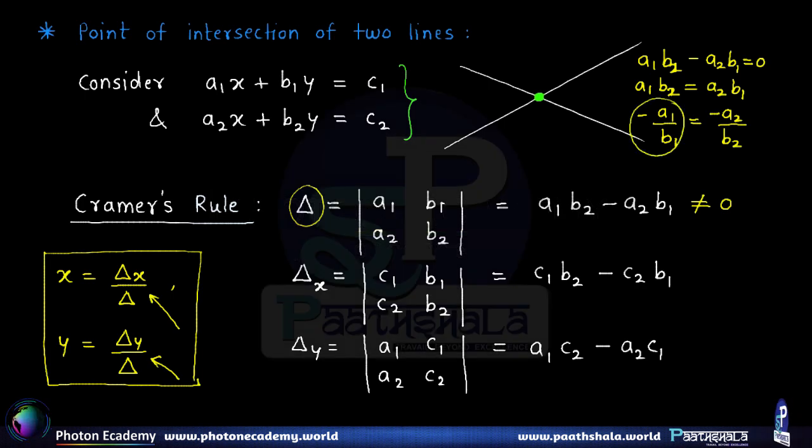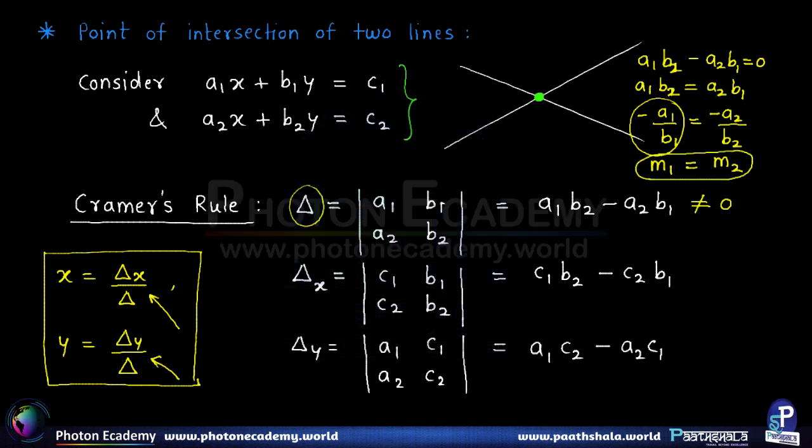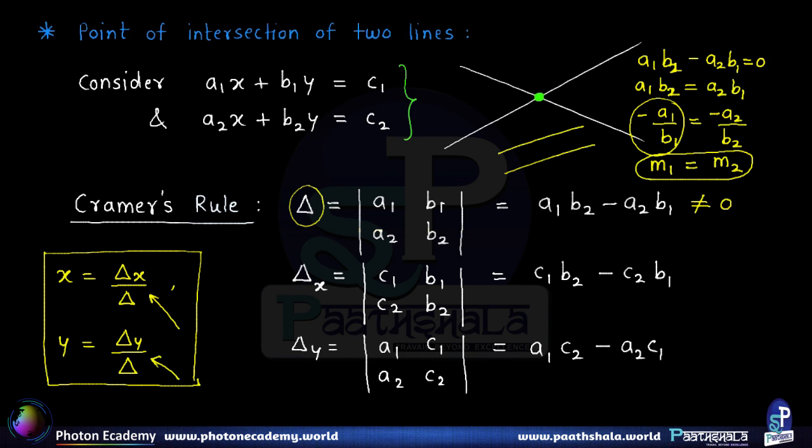But minus a1 upon b1 is m1, the slope of the first line, and that turns out to be equal to the slope of the second line. So if the slopes of two lines are equal, the lines are parallel, and if they are parallel, obviously there cannot be any point of intersection. Therefore you see how Cramer's rule expectedly fails if the two lines are parallel, and hence we can't use Cramer's rule in that case.